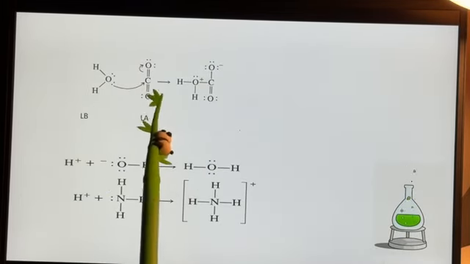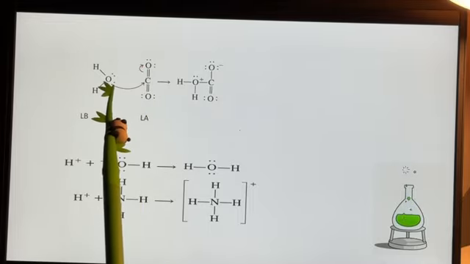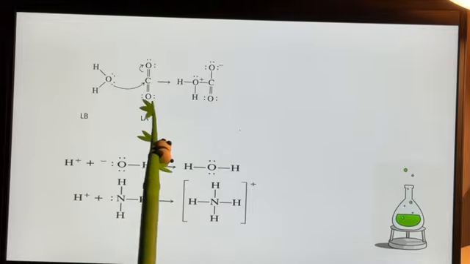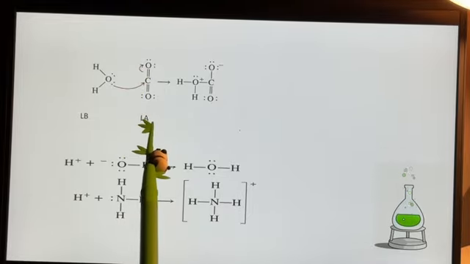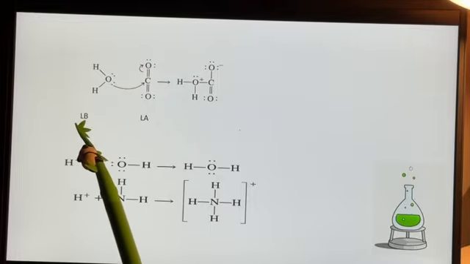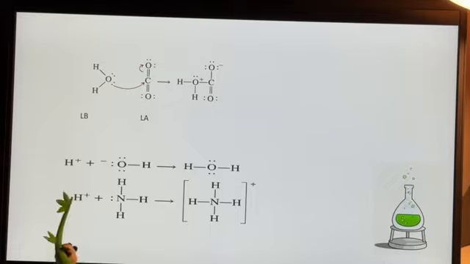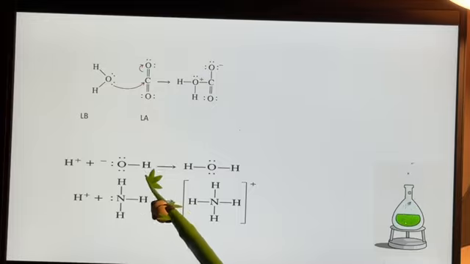Here, water and carbon dioxide. The water donates a lone pair of electrons to carbon in the carbon dioxide molecule. The carbon dioxide molecule acts as a Lewis acid, whereas the water acts as Lewis base. Next, we have H plus and OH minus ions.